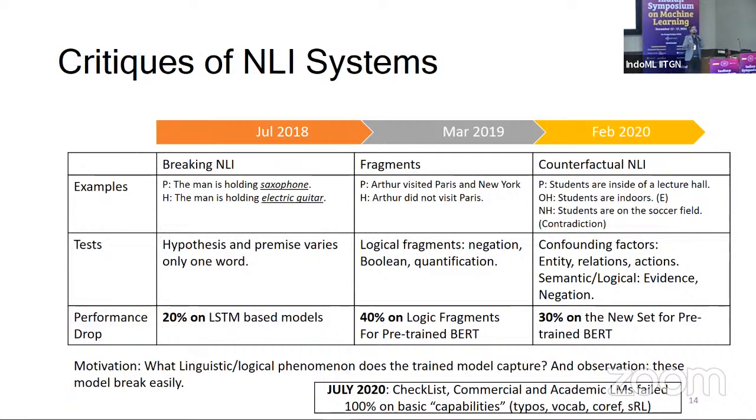Vocabulary changes, meaning suppose I said Arthur visited Paris versus I said Somak did not visit Paris, etc. Like simple vocabulary changes which should not affect the outcome, right? So for all of these, they actually failed for 100% of the examples.